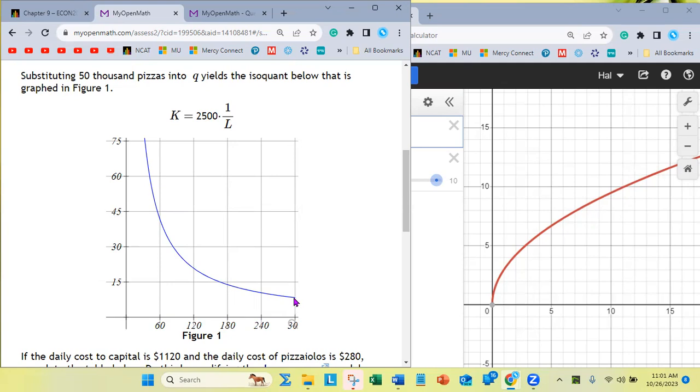If I increase my labor to 300, then I would only need about 9 units of capital to produce my 50,000 pizzas, right? So that's why this is called an isoquant. Iso meaning same and quant meaning quantity, right? So quantity is being held constant on this curve, and it's being held constant at what we think our demand will be in the future, right?